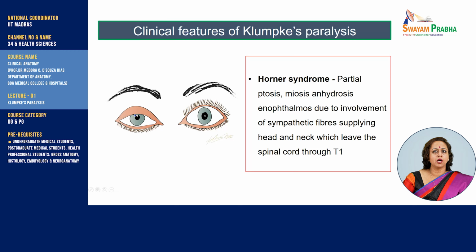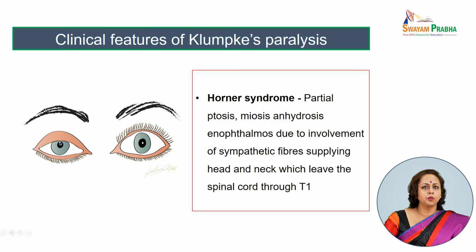It droops lower down, so you will see part of the iris is covered by the lid. And then there will be miosis, which is a constriction of the pupillary aperture, anhidrosis and enophthalmos. So these are all features of Horner syndrome, and it is due to interference of the sympathetic fibers to head, face and neck leaving through the T1 spinal segment.